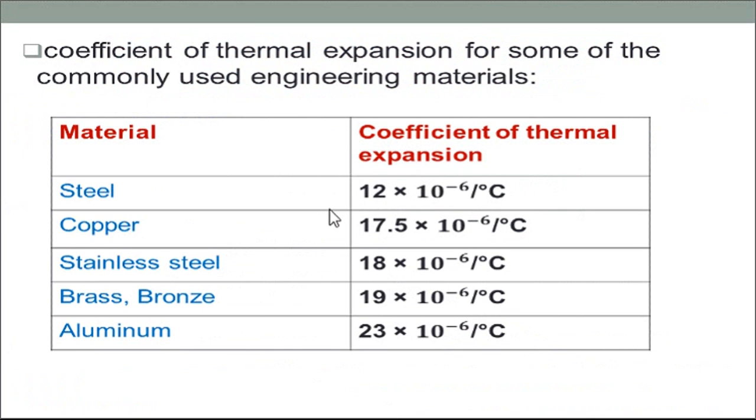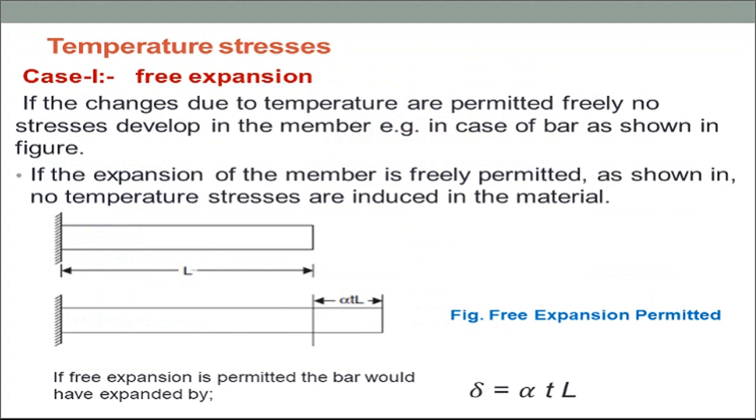Here are the coefficients of thermal expansion for some commonly used engineering materials like steel, copper, stainless steel, brass, bronze and aluminium. Please remember these values of the coefficient of thermal expansion.